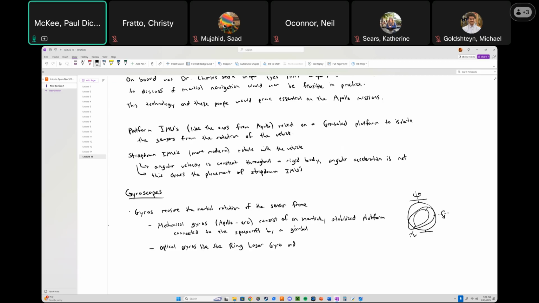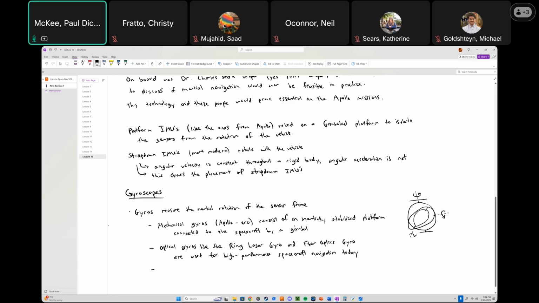And fiber optics gyro are used for high performance spacecraft navigation today. So Orion, for example, would use a ring laser gyro.